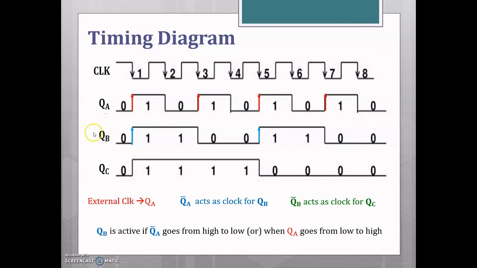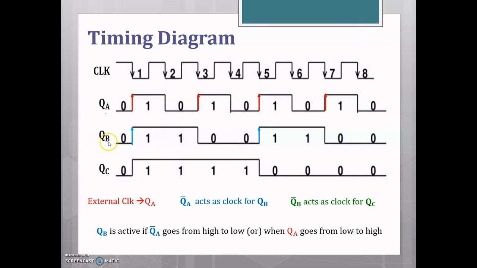And for the B flip-flop, QA bar acts as a clock. In this diagram, I have shown only the true outputs. So we can say that QB is active if QA bar goes from high to low, or else I can say QA goes from low to high.